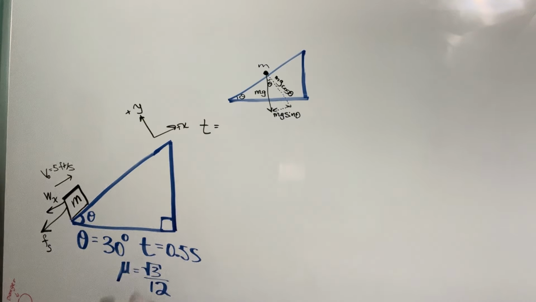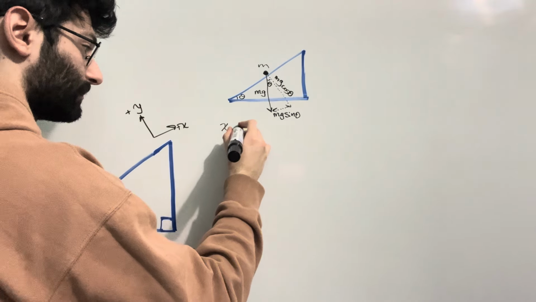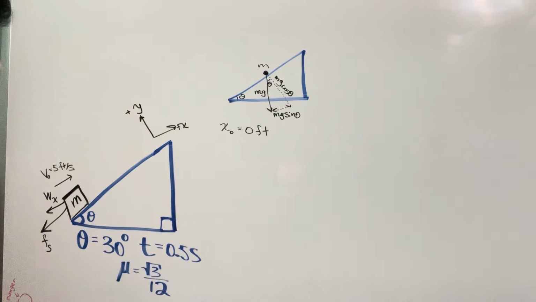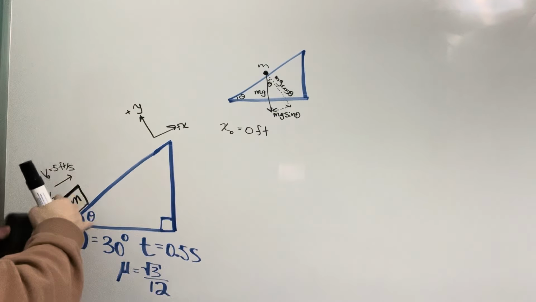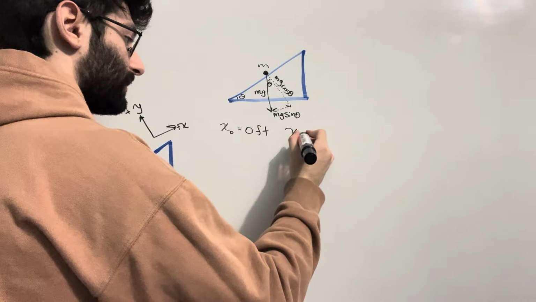We defined our mass m to start at x equals 0, so we'll say that our initial position is 0 feet. And we're trying to solve for at what point the mass will slow down and reach a final position x final.